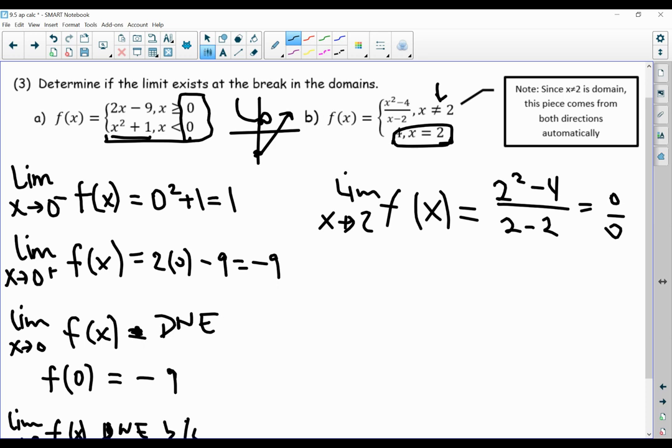So what I'm going to do is take my function, and like we did last time, I'm going to take that expression and factor it.